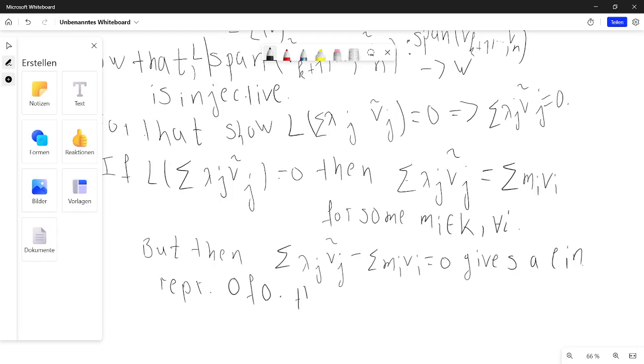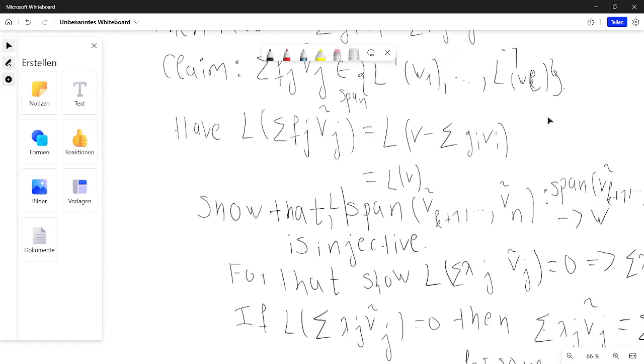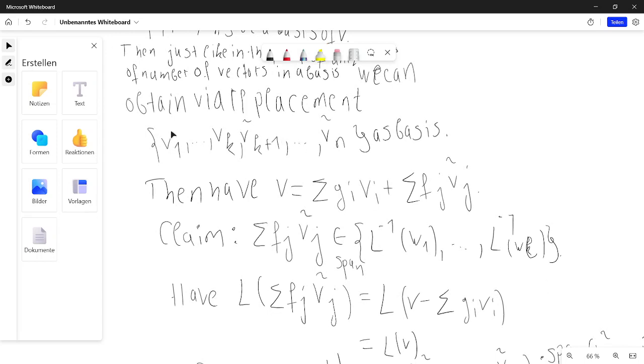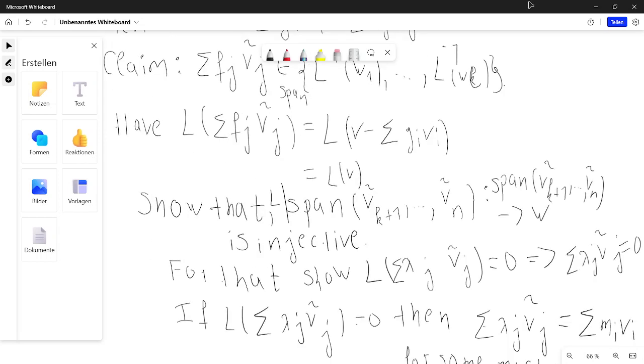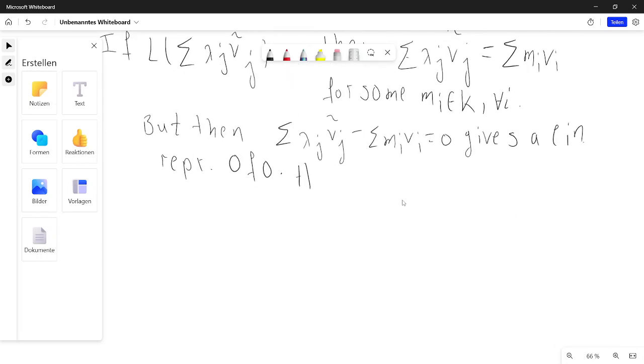Hence, just because those vectors together with those vectors constitute the basis, recall, they constitute the basis because that is a basis, we have a linear representation of 0.